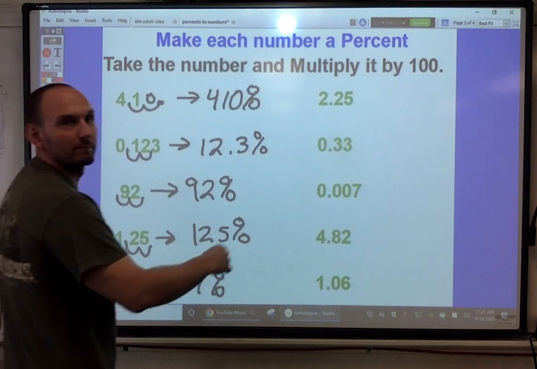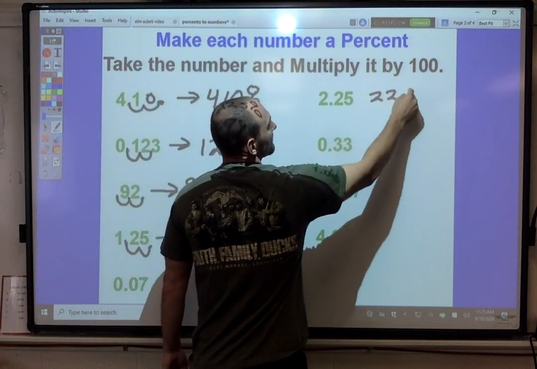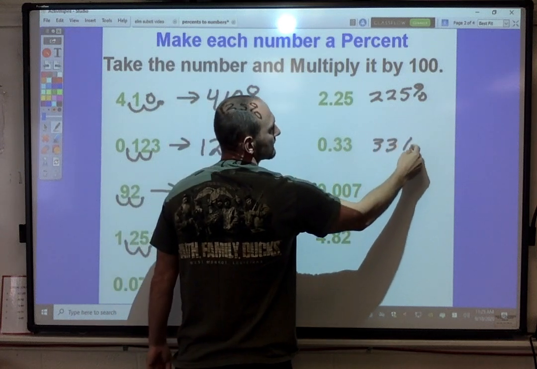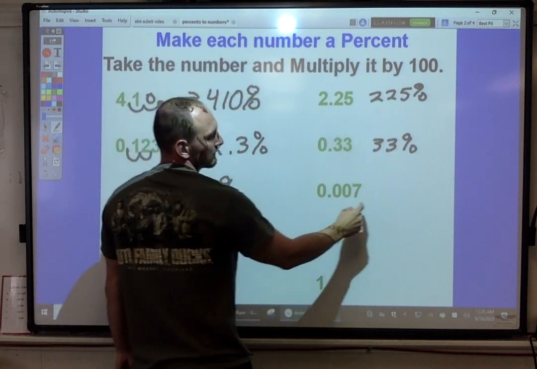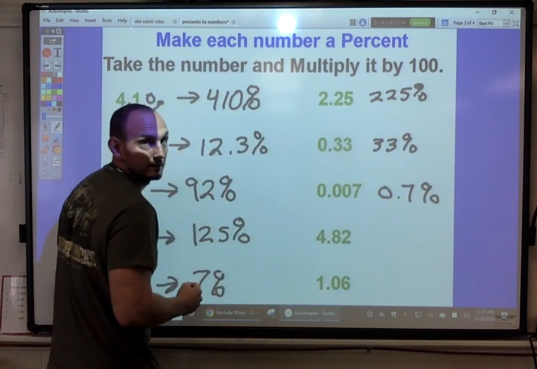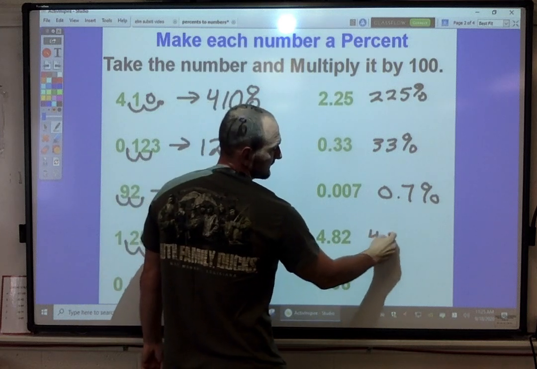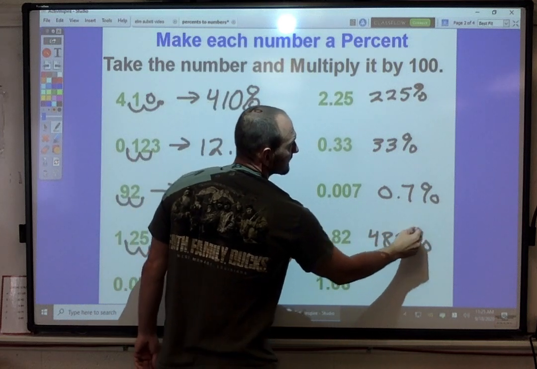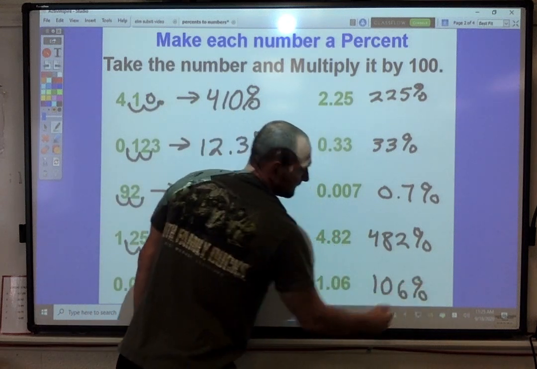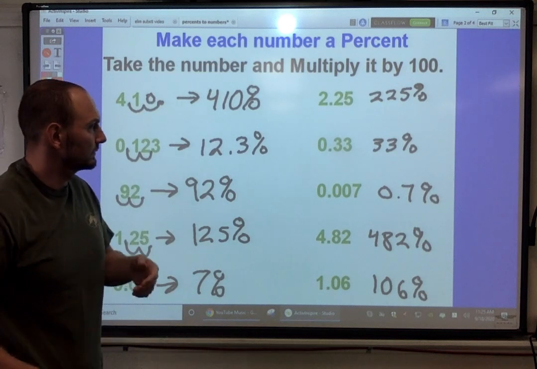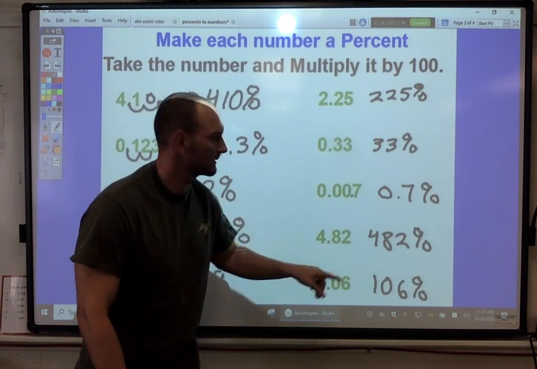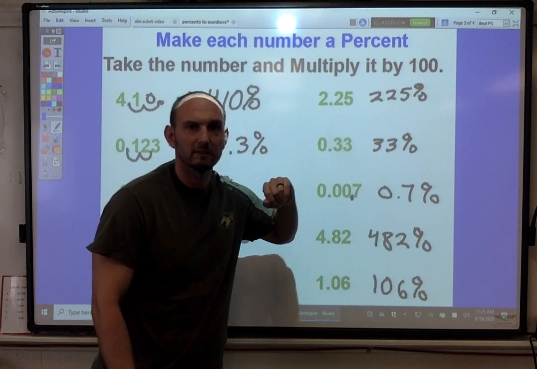And here we go. 225%, 33%, 7%, not quite a whole percent, 482%, and the last one, 106%. So again, moving our decimal 2 places, 1, 2, should have been right there, leaving us with 0.7%.